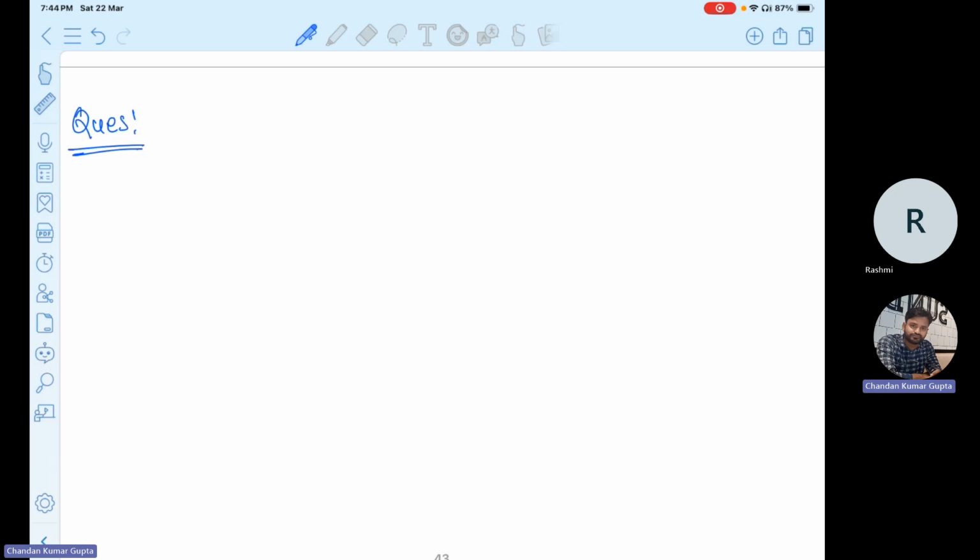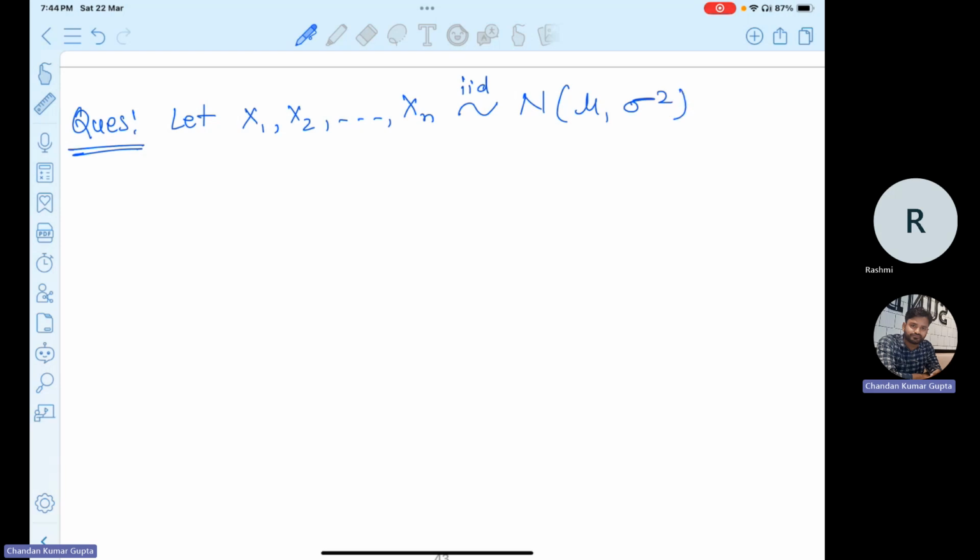The question is: let x1, x2, ..., xn be IID random variables which follow a normal distribution with mean mu and variance sigma square, where mu and sigma square are both unknown.